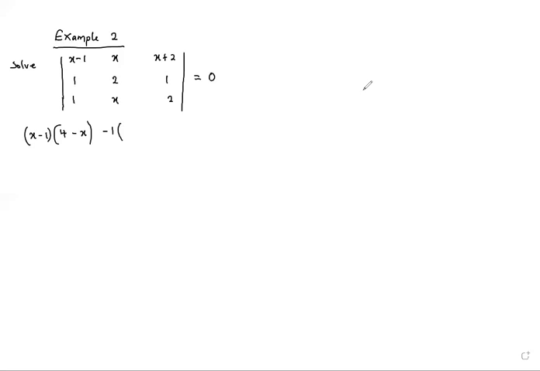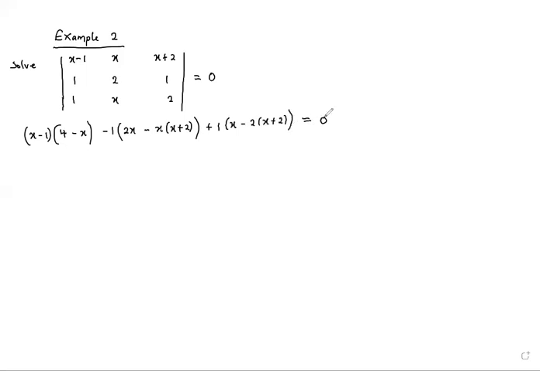Minus 1, cut here, you have 2 by x, which is 2x, minus x plus 2 by x. So x plus 2. And then plus 1, cut here, cut here. So you have x, we have x minus 2, x plus 2.